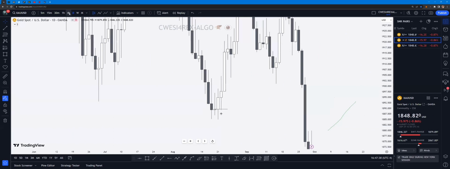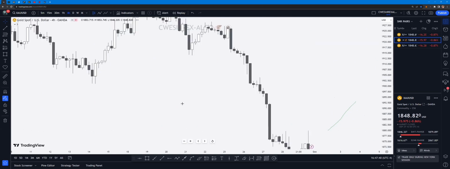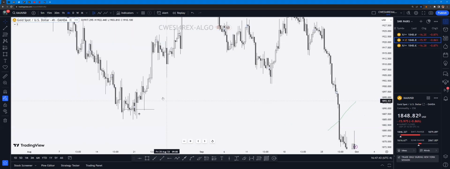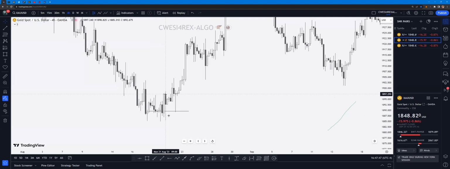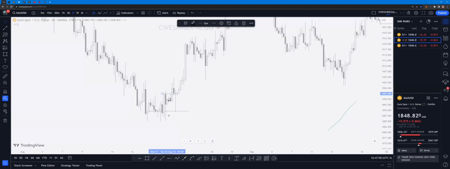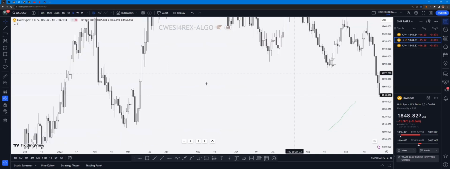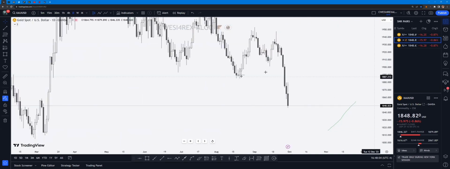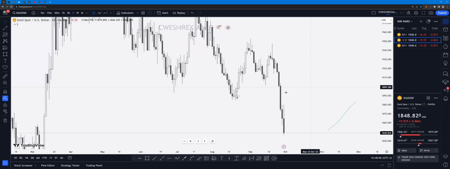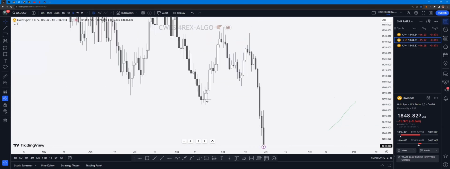Then on the 4-hour time frame we had a breakout. You can see on the 4-hour time frame we have a breakout over here. That's why price came back, mitigated this level, then it starts to go up again. So maybe you don't need many candles or price actions to determine your storyline.